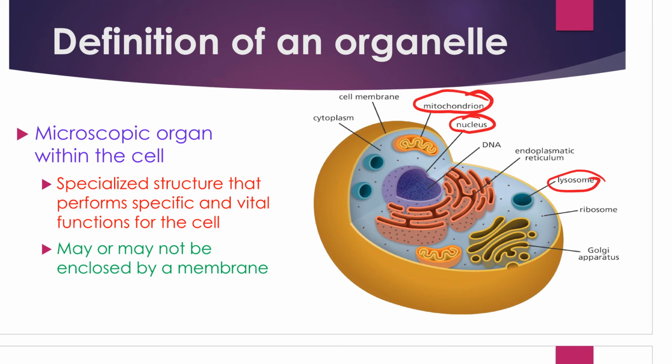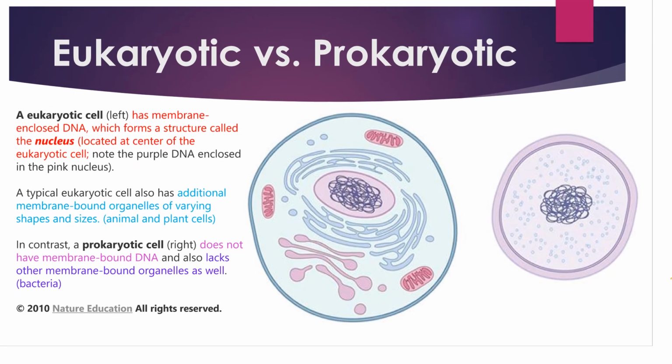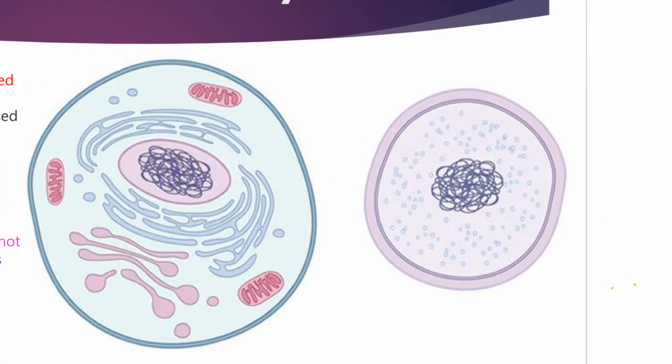For now, we need to move on to describe the two types of cells that are important for us to know in biology. This is the eukaryotic cell and the prokaryotic cell. Notice this image.